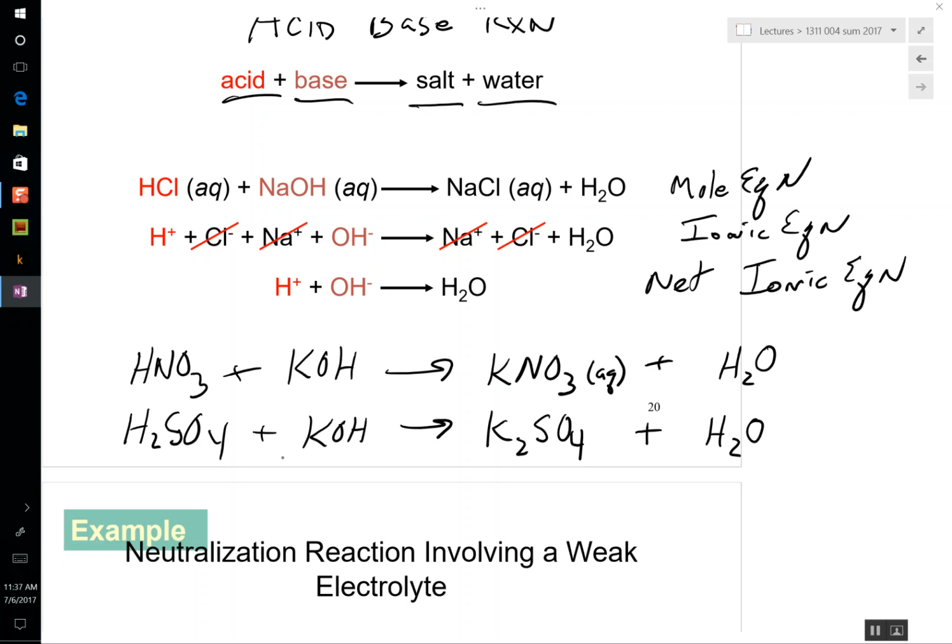Okay. So what do we want? We want a 2 right there. We've got 2 potassiums, so I'm going to put a 2 here to get my 2 potassiums. I've got 2 hydrogens plus 2 hydrogens. 2 KOHs is going to give me 2 hydrogens. That's 4. So I need a 2 over here. It gives me my 4 hydrogens.